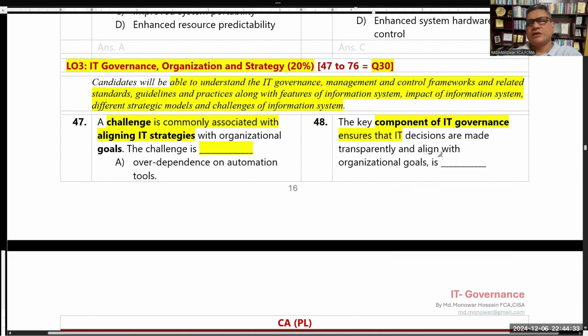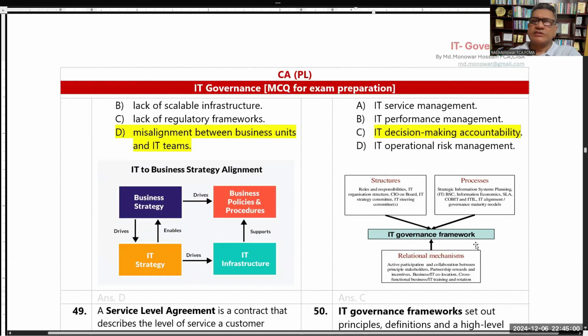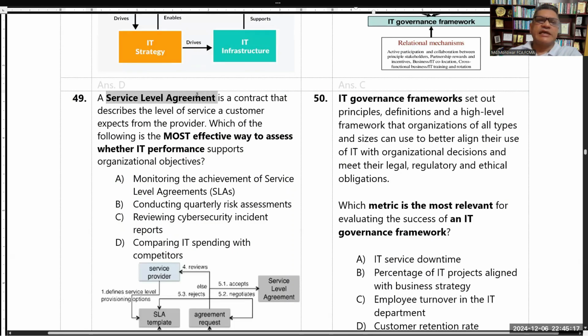So here, the key component of IT governance that ensures IT decisions are made transparently and aligned with organizational goals is IT decision-making accountability. An IT governance framework requires structure, process, relational mechanisms, etc. A service level agreement is a contract that describes the level of service customers expect from the provider.